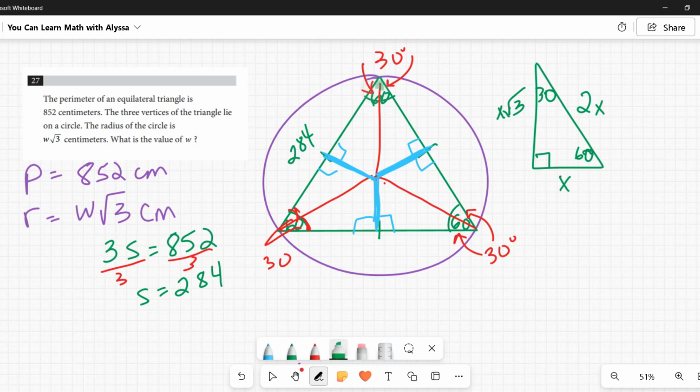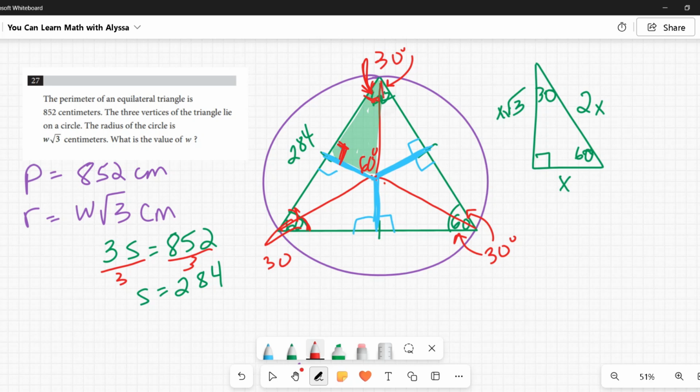So for instance, if I just looked at this triangle right here, I can see I've got my 30 degrees right there, got my 90 degrees. So the other remaining angle must be 60 degrees, always. Do I have any lengths of these sides?